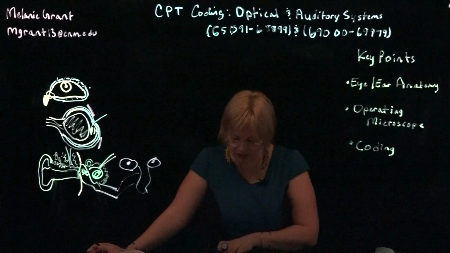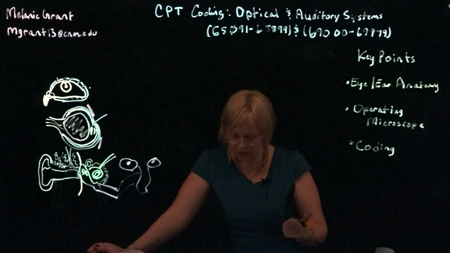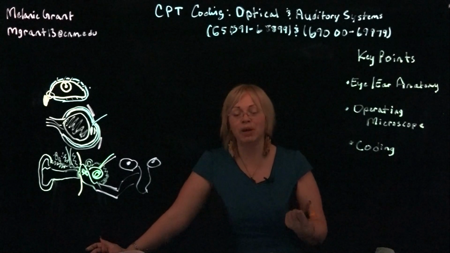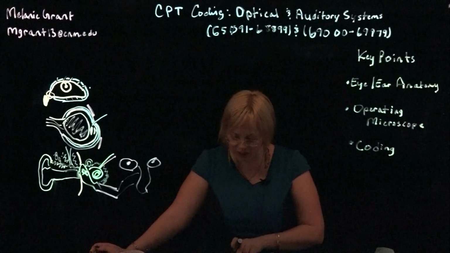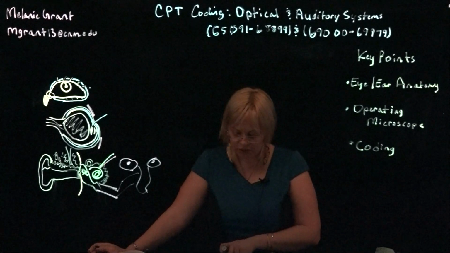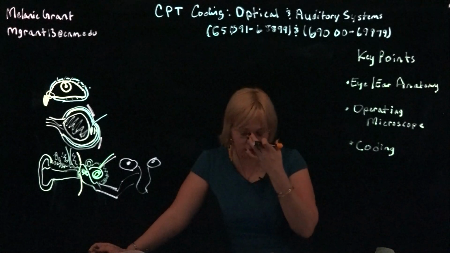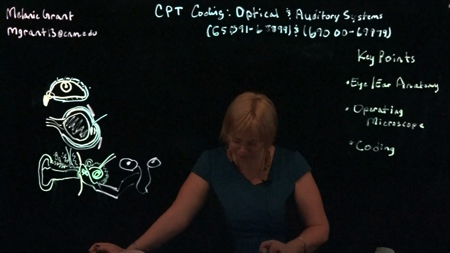If you were doing removal of impacted earwax, there needs to be documentation that the earwax is impacted, meaning there's pressure in there, and it's using irrigation or lavage. They have to document how they did it, and that's unilateral. So if they did it on both ears, you would bill that bilaterally.